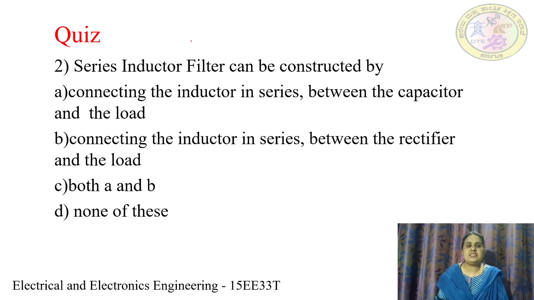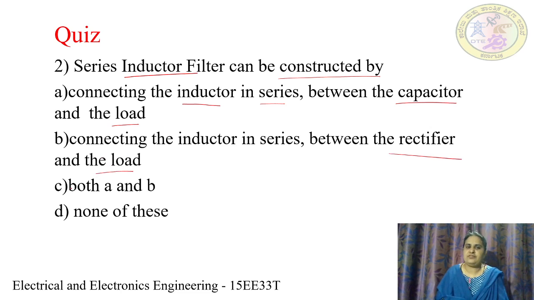So the series inductor filter, look, how is the series inductor filter constructed? It is constructed by connecting the inductor in series between which two components: between the capacitor and load, or between the rectifier and load, or both?